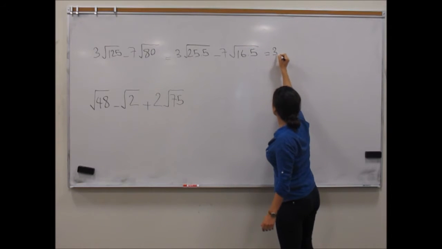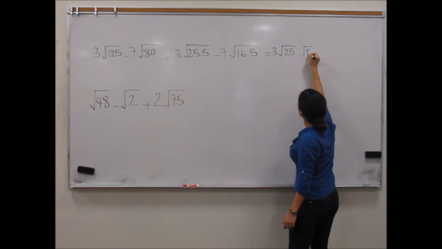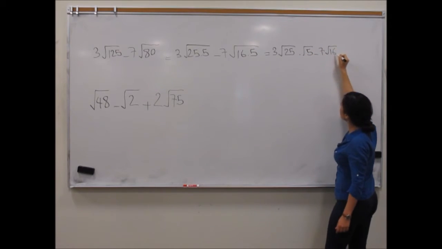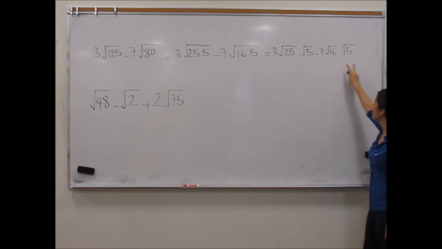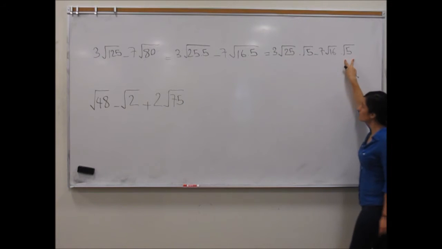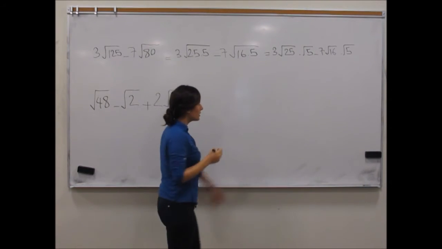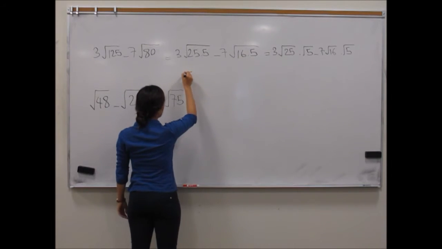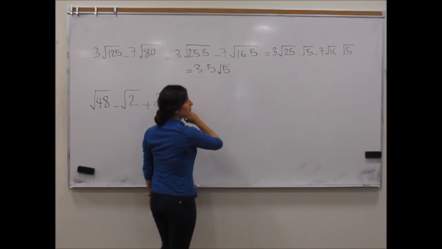So I would have 3 times rad 25 times rad 5 minus 7 times rad 16 times rad 5. And as you can see, I have the like terms that I was looking for. So I'm going to simplify the rest. Rad 25 is a perfect square, so I would get 5 out of that. So I have 3 times 5 rad 5.